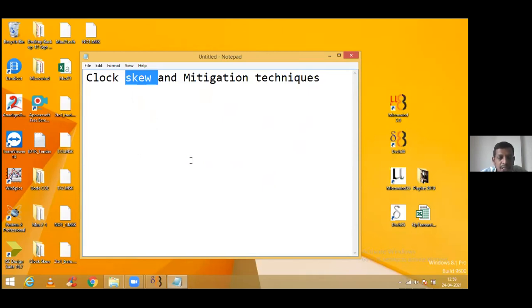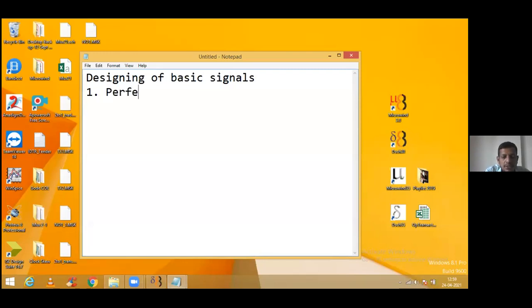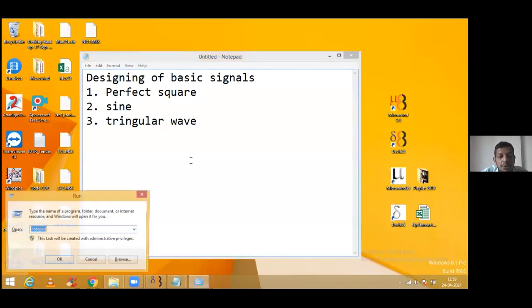Before that, guys, let me put down one example: designing of basic signals, because this is very important. First should be a perfect square. Second should be a sine. The third should be a triangular. But how should the triangular look?